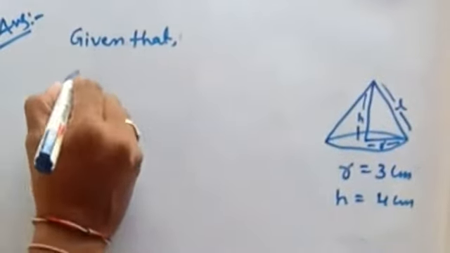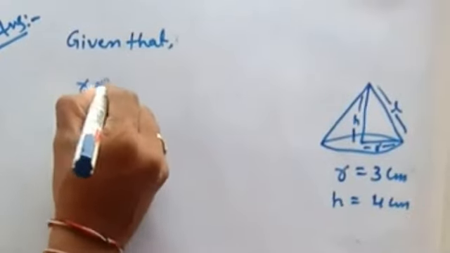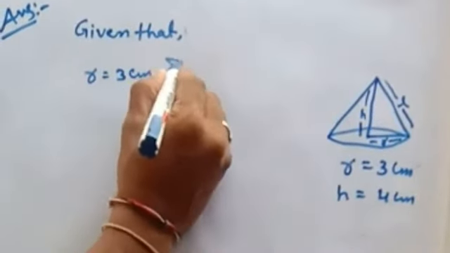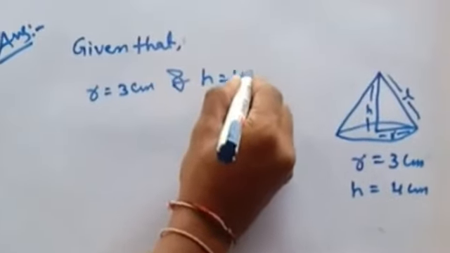First we can find the slant height l. Given that radius r is equal to 3 centimeters and height h is equal to 4 centimeters.